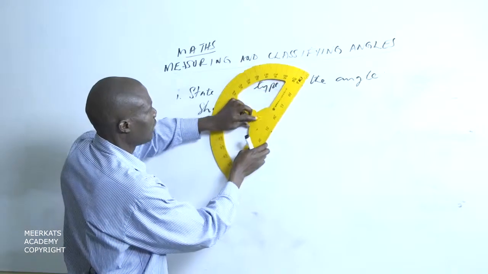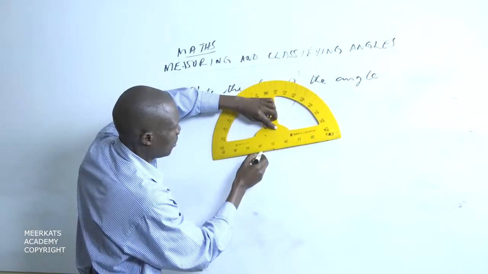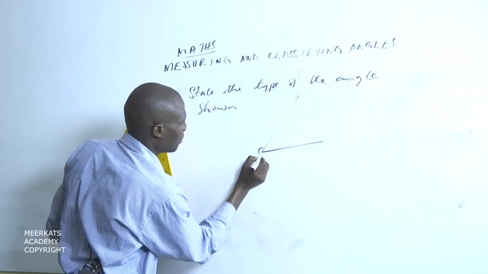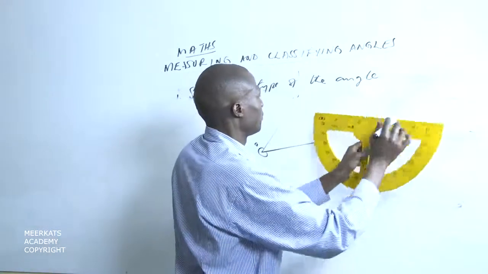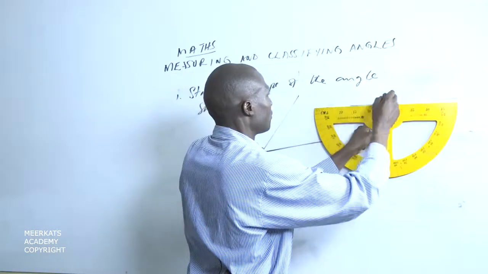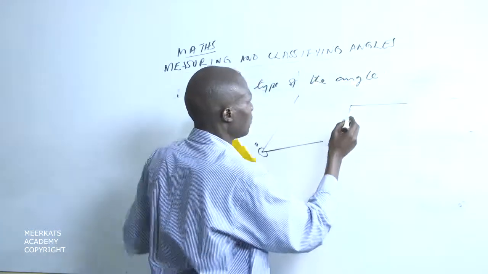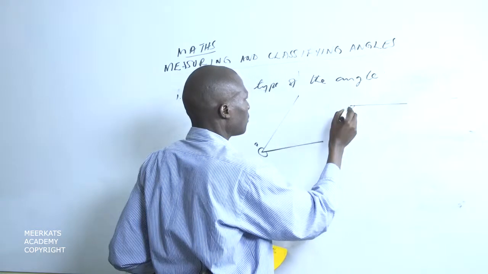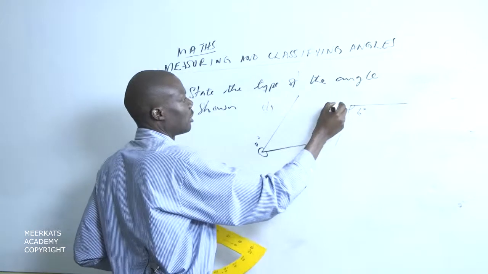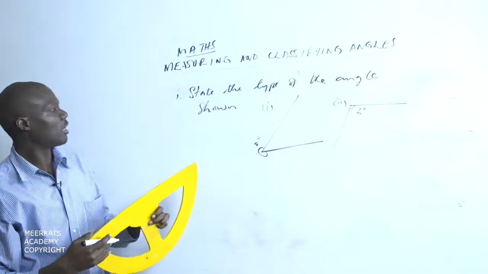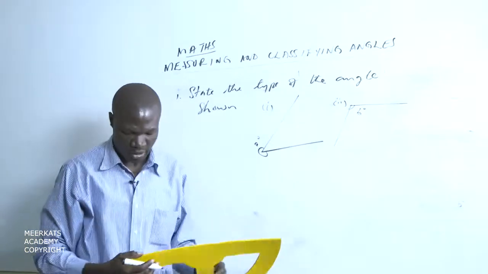So the first one, so we have the first one and the second one here. So state the type of angle shown between A and B.